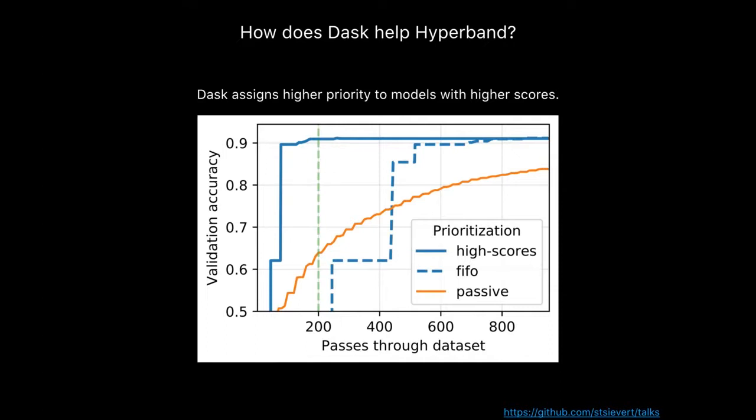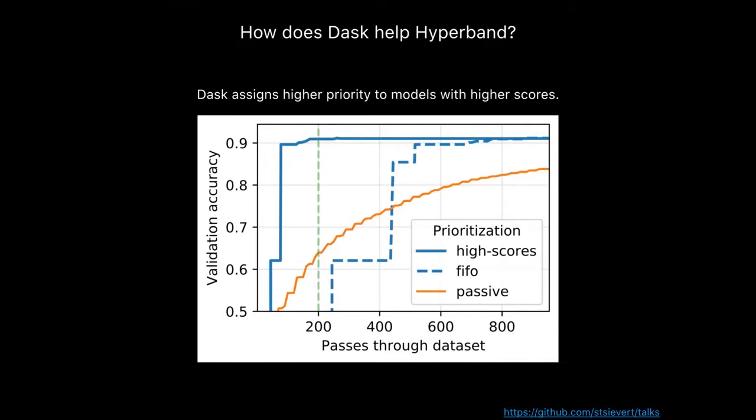So everything is the same in those two blue lines except the prioritization scheme. One says that just first in, first out should be the priority scheme, and that's the dashed line. The solid line says you should prioritize models by how high their score is. And then I show the orange line, Random Search CV, just for context.